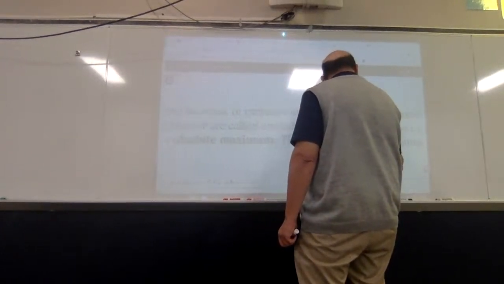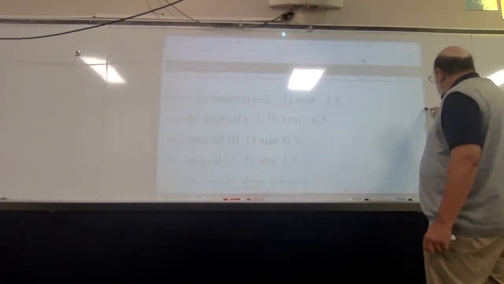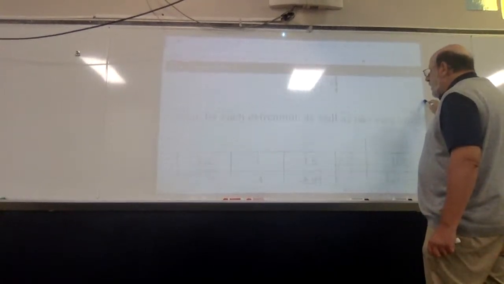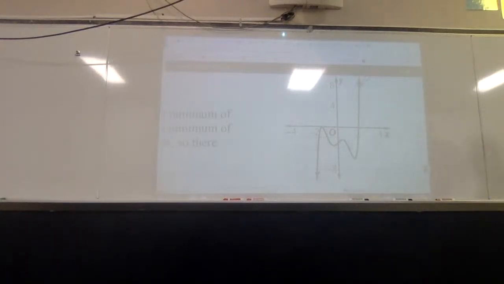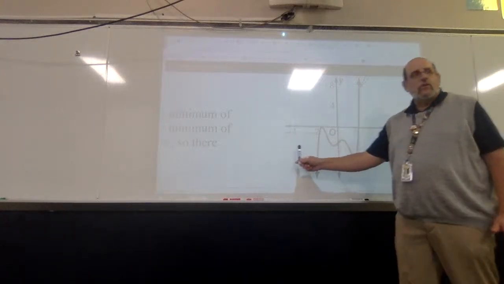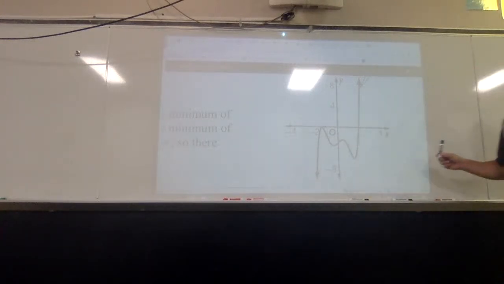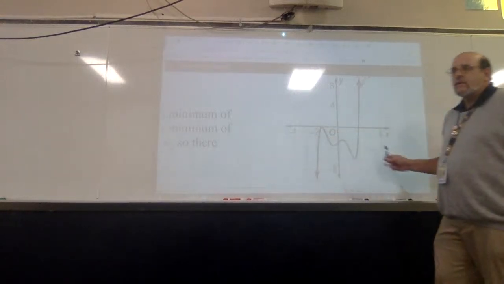Mins or maxes, right? All right, so let me go to this little graph. This little graphy guy. So, we're going to label it all. You don't have a chance to label it on yours. It's very, very small. But let's take a look at this big graph. When we talk about increasing or decreasing behavior, we start from the left and we move to the right.